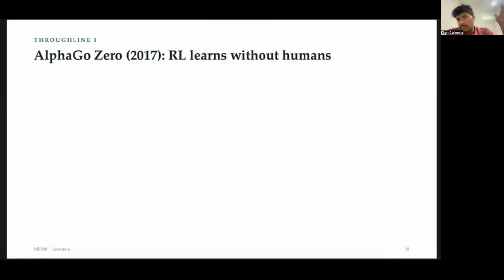So the third through line with the stuff that we have learned is the comeback of RL, reinforcement learning. AlphaGo Zero is an early demonstration of reinforcement learning with verifiable rewards.